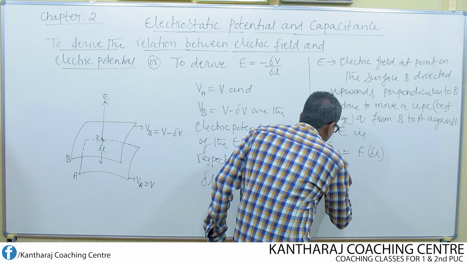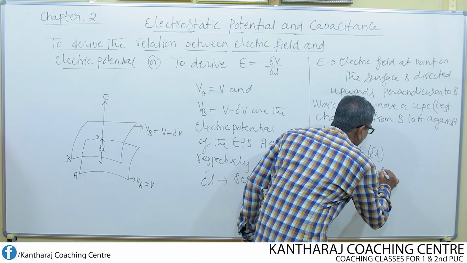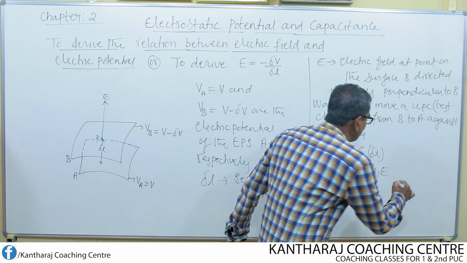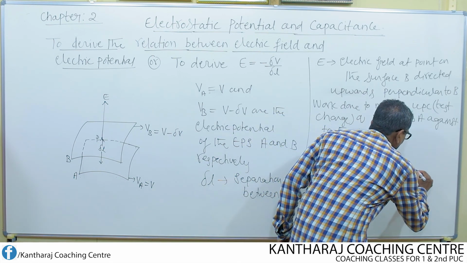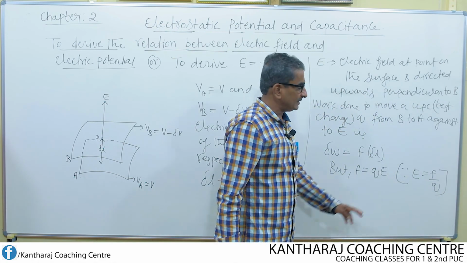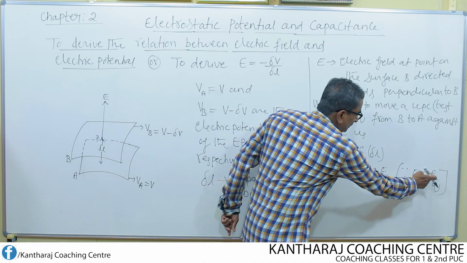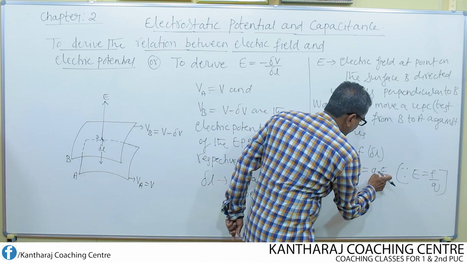But what is F? I can write F as equal to Q into E, because electric field at a point is force acting per unit charge. This we studied already in the first chapter. So if you cross multiply, F will be equal to E into Q.